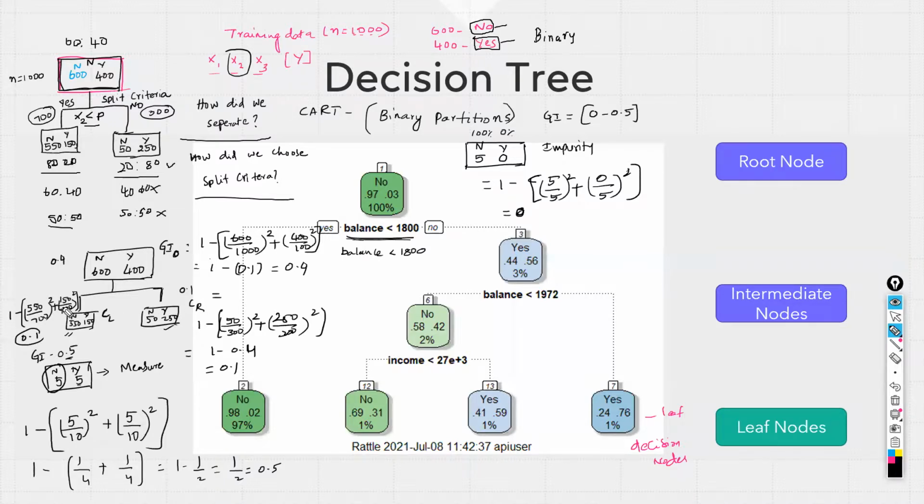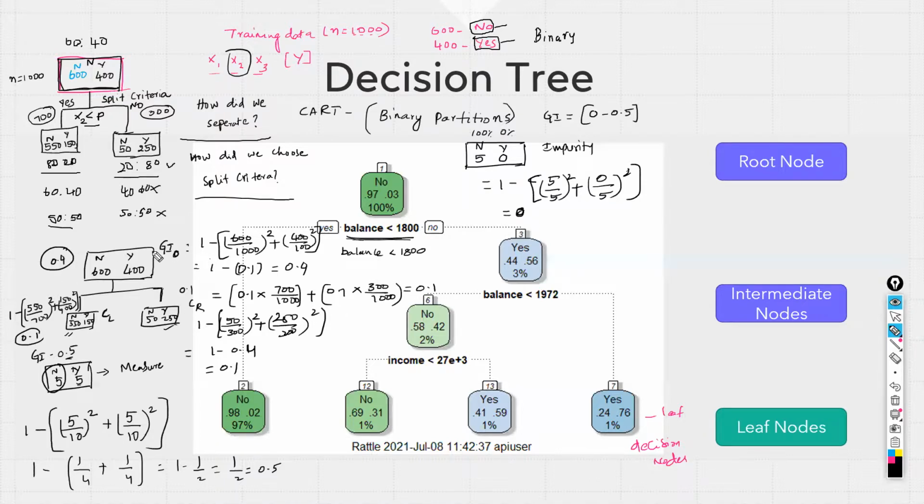How do we take the average of two? 0.1 on the left-hand side, so 0.1 into the weightage. How many observations are there? 700 divided by 1000, plus on the right-hand side, 0.1 into the weightage, 300 divided by 1000. So the weighted average of this is again going to be 0.1.